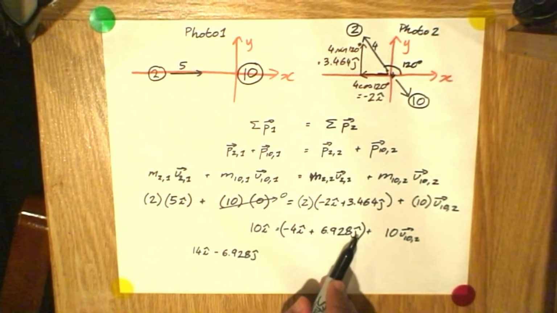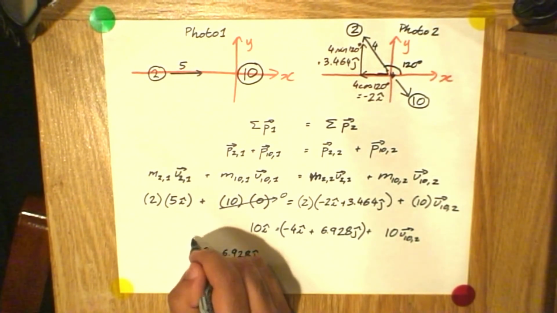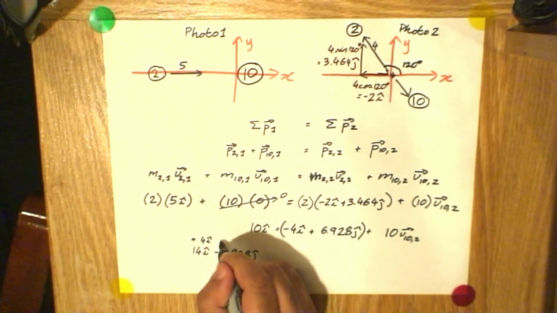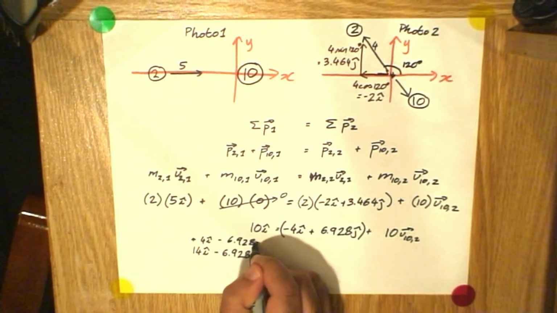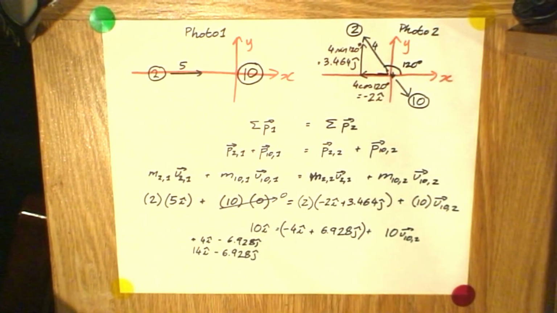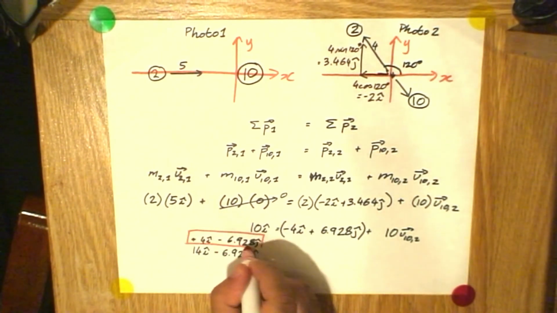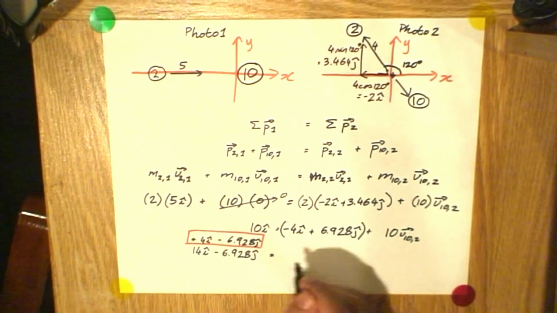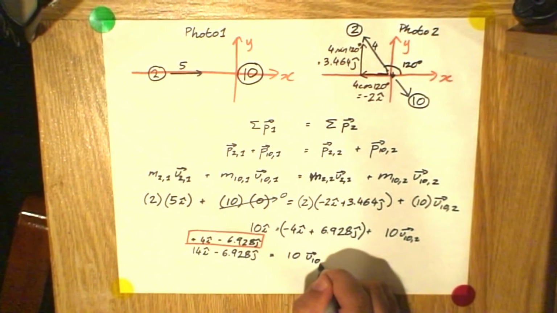So what I've done here is I have taken 10 i hat and added 4 i hat to both sides, and I have subtracted 6.928 j hat from both sides. It's basically just a subtraction, the only caveat being that I had to keep the i hats and the j hats separate. And all of that must be equal to 10 multiplied by the velocity of the 10 kilogram object in photo 2.